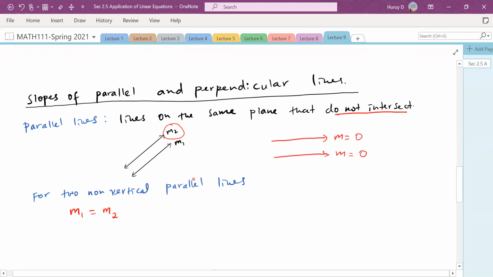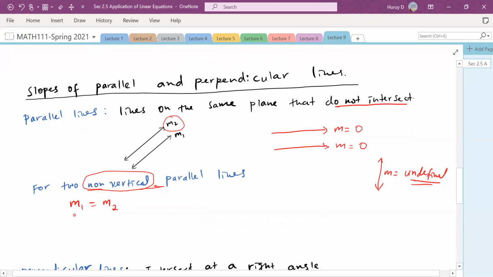Therefore, as long as the two lines are non-vertical, we don't want the two lines to be vertical, because if the line is vertical, the slope is undefined. That's why we need this specification. So as long as the two lines are non-vertical, and if they are parallel lines, then they have the same slope.